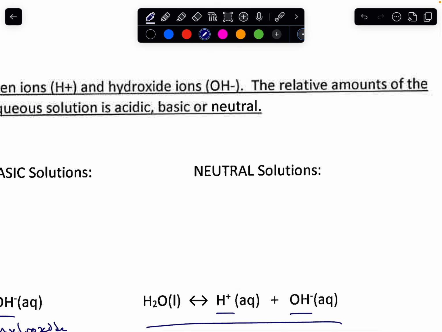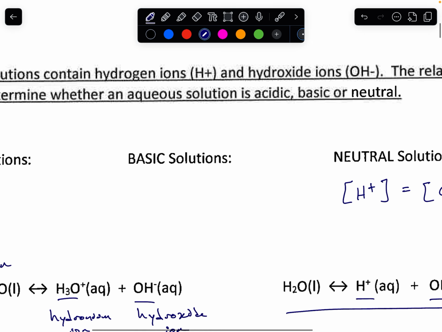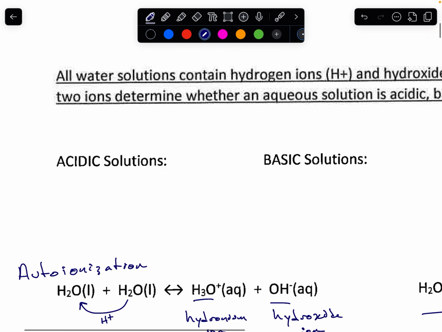So we said down below, so long as my H plus and my OH minus are equal, that's going to be neutral. If my concentration of H plus or H3O plus is equal to my concentration of hydroxide, I have a neutral solution. When those start getting unbalanced, that's when we start getting acidic and basic.